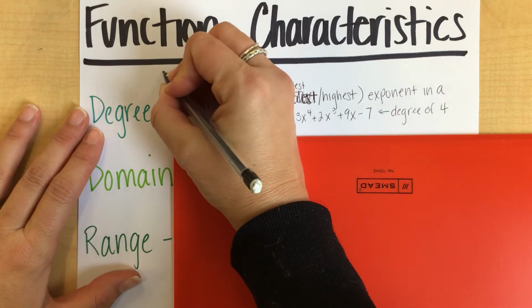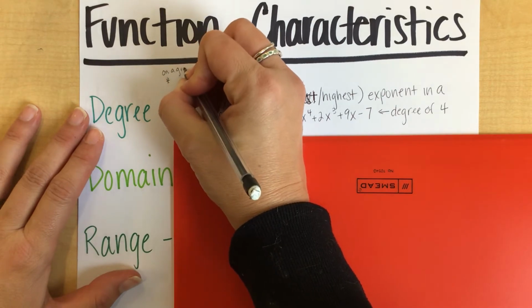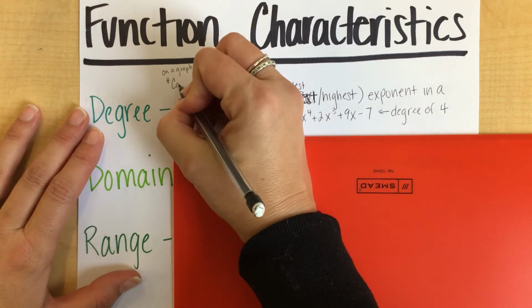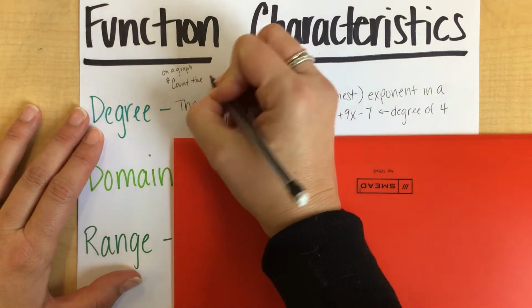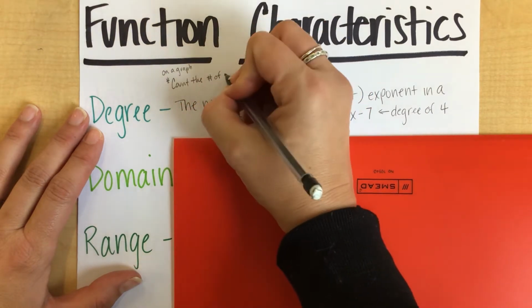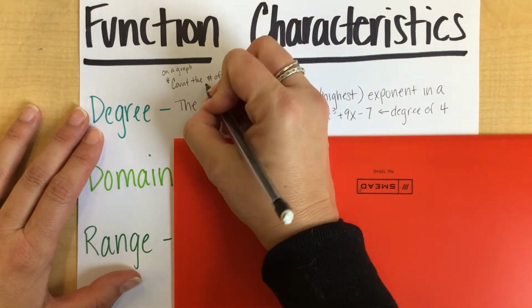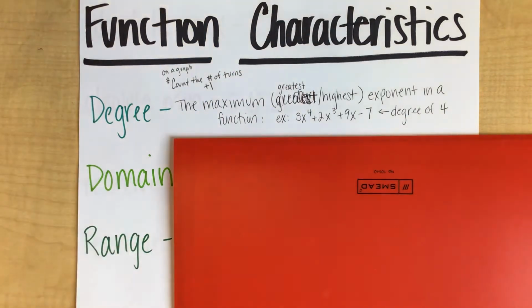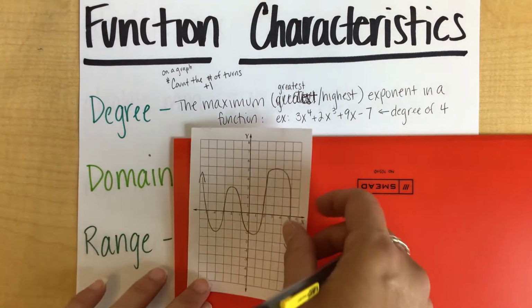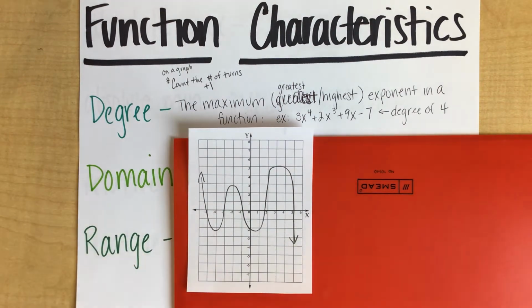So on a graph, we're going to count the number of turns and then you add 1. Okay, so let me show you what that means. All right, so if this is our graph, we're going to count the number of times this graph turns. So it's like reading a book from left to right.